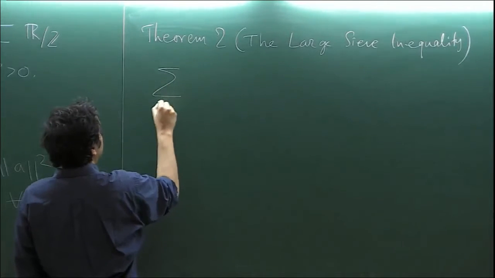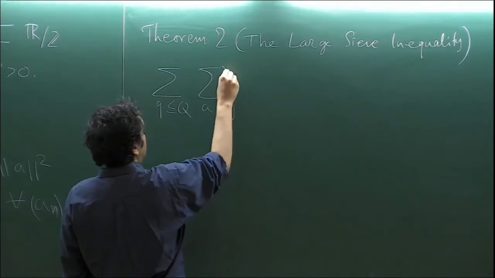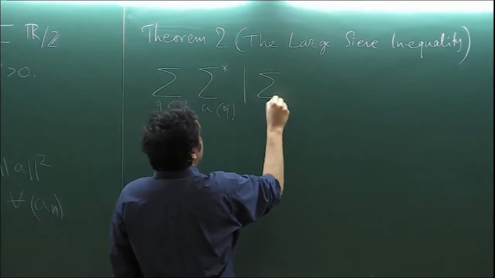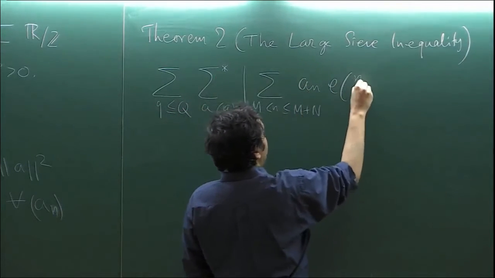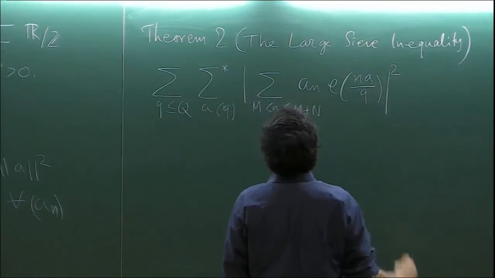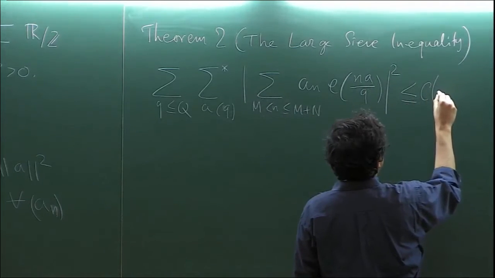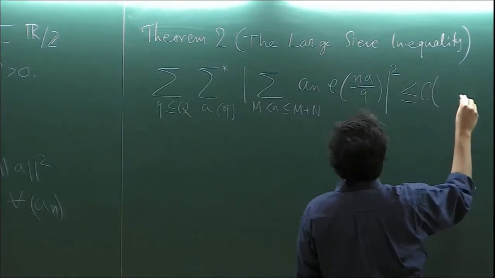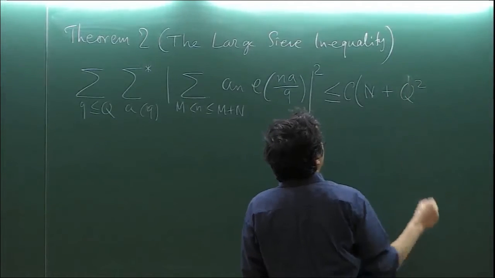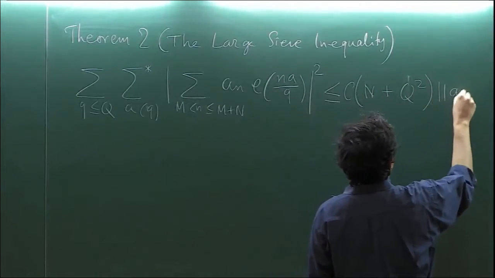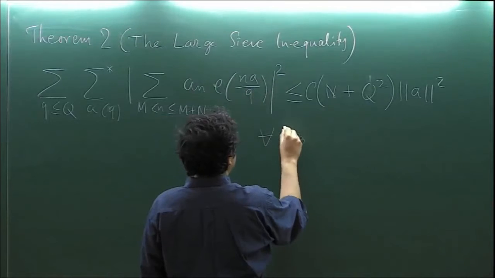This just says that the sum over q up to capital Q, sum over a mod q star, so co-prime residue classes, of |sum a_n e(n a by q)| squared is bounded by the same constant times (N plus 1 by Q squared, no, now there is no delta here) times the norm of a squared. Again, this is for all sequences a.